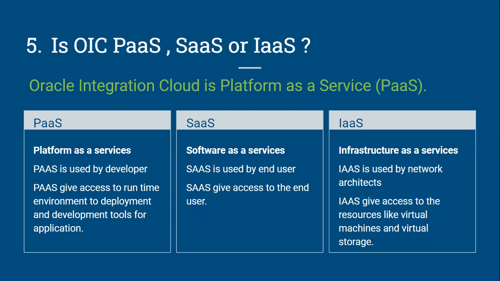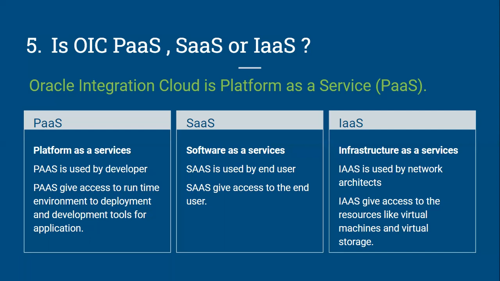So we are giving access to the end user. And IaaS means infrastructure, meaning how much RAM we need to configure, what the ROM is, what the OS is and all. This service is called infrastructure as a service. So networking, IaaS is used by network architects. So this is the difference.